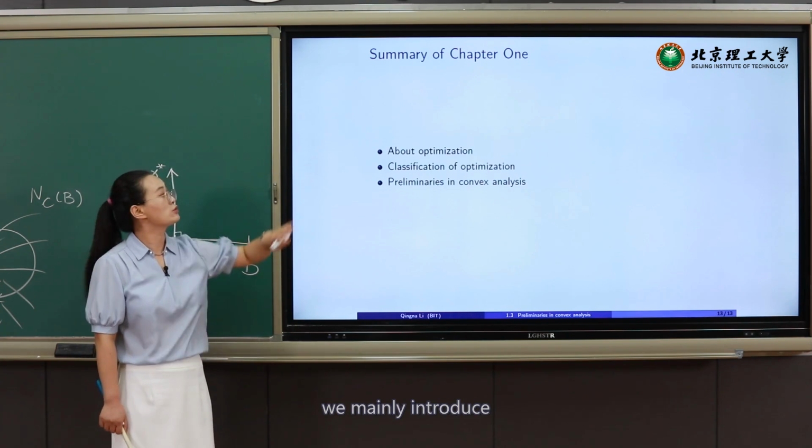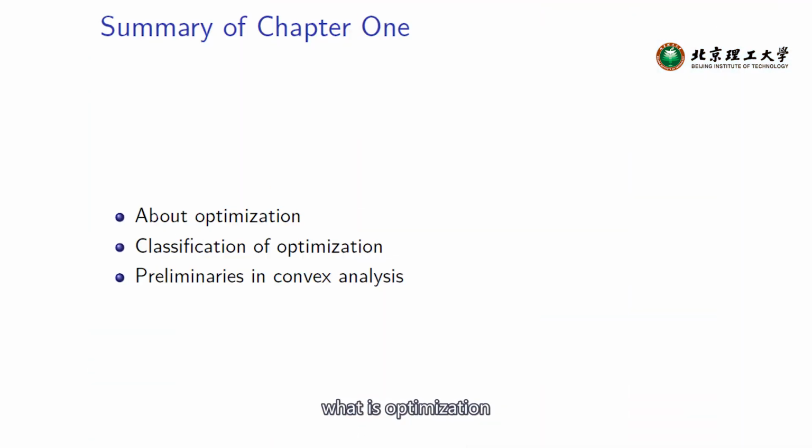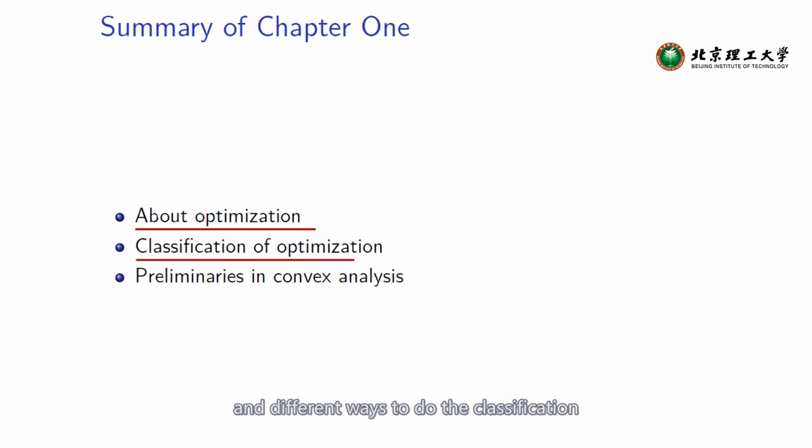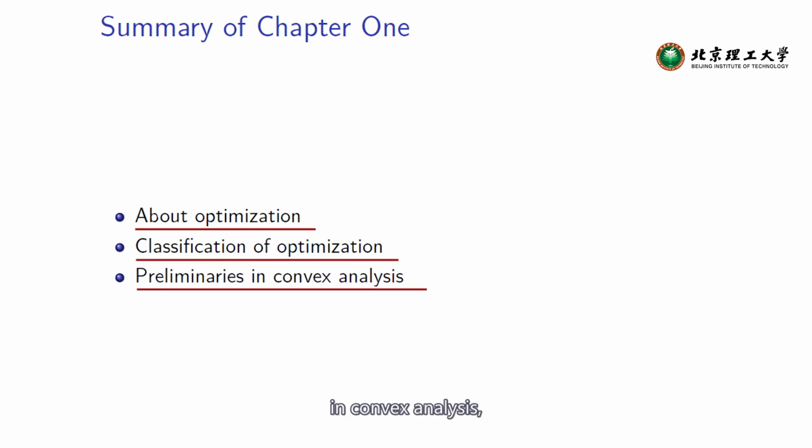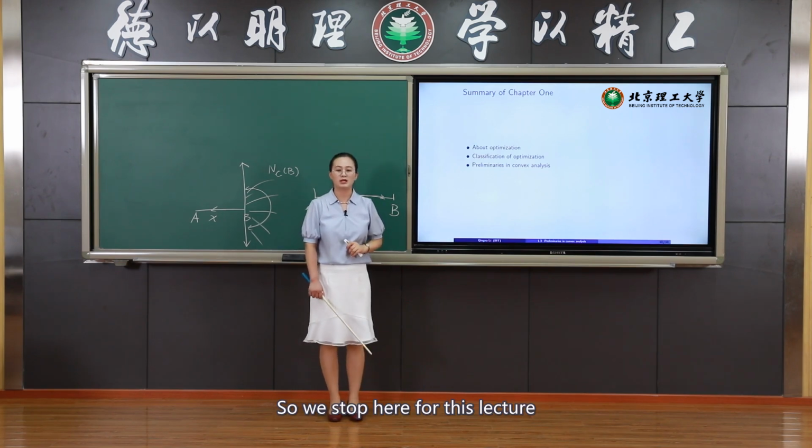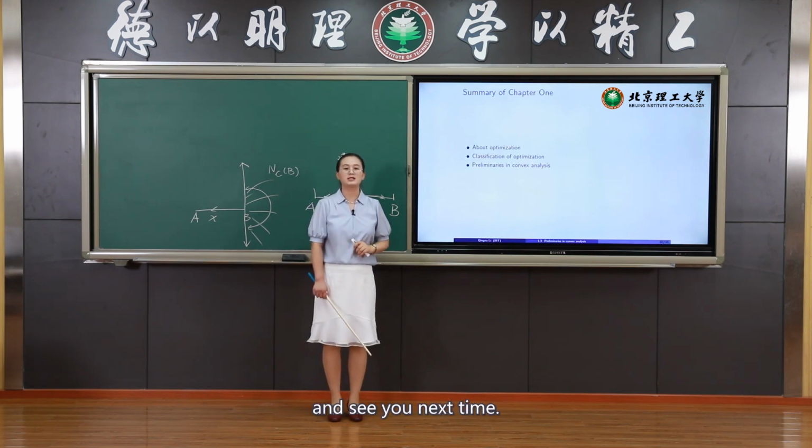We mainly introduce what optimization is and different ways to classify optimization problems. And finally, we also give some preliminaries in convex analysis, basically different kinds of cones, which we will use later in other chapters. Okay, so we stop here for this lecture and see you next time.